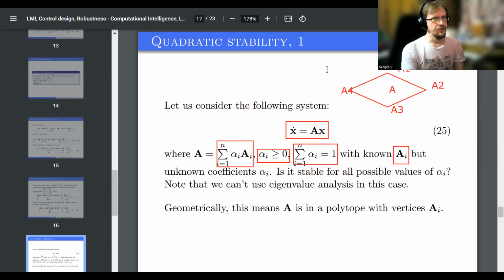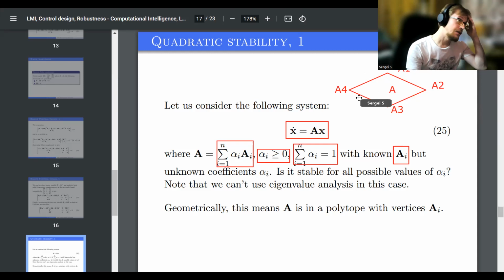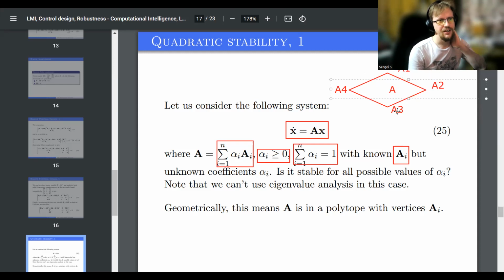So you have the situation where you have, let's say, 4 systems, can be 20, can be anything. What you can prove is that as long as all of those systems are stable, so as long as A1, A2, A3, A4 are stable, A is also stable.